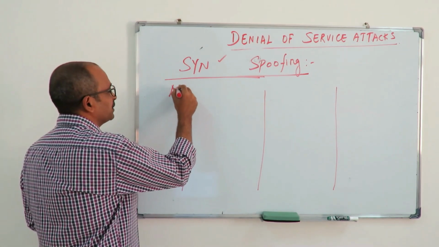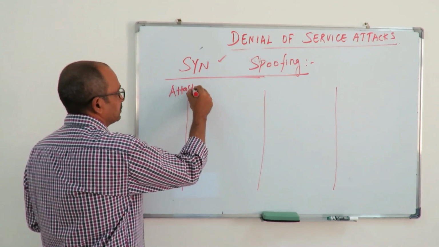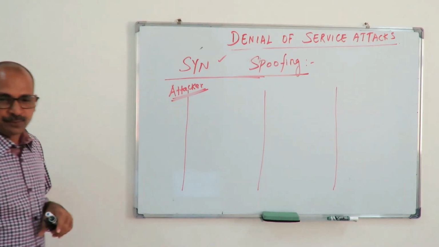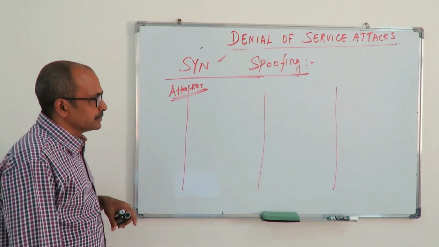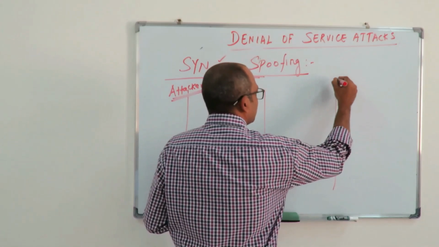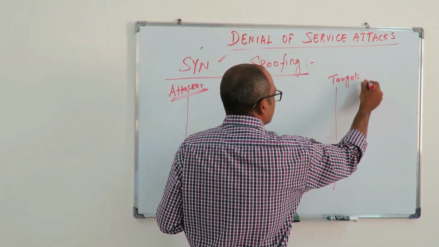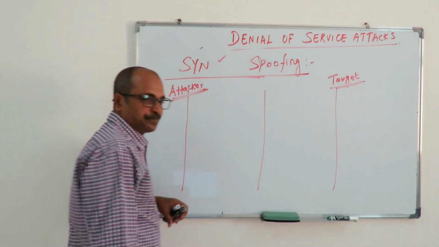The first machine is the attacker machine. This is the one who is going to create the denial of service attack using SYN. The next one is my target. I want to create a denial of service attack only for him. So this person is going to be my target.